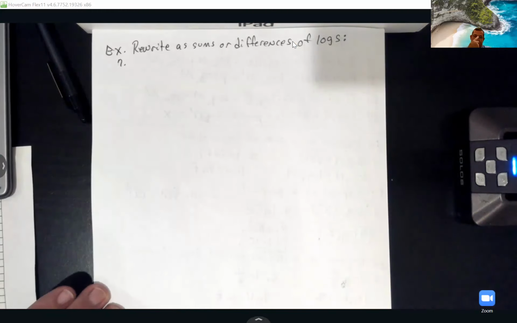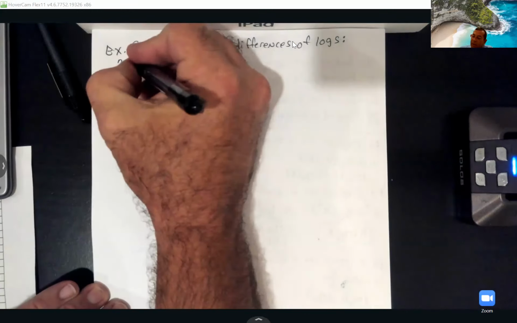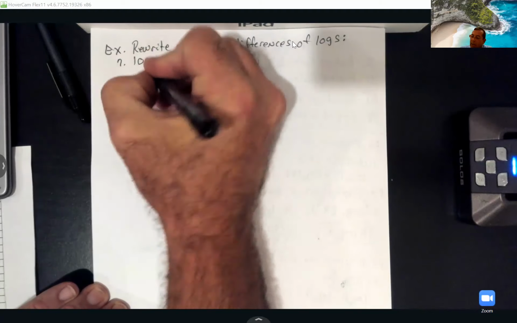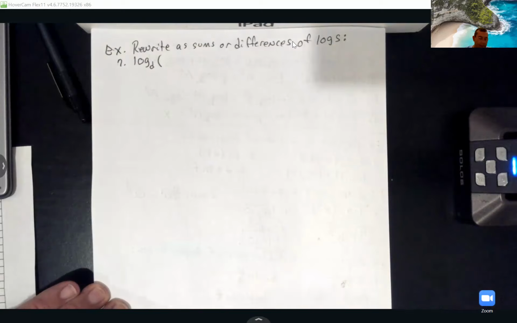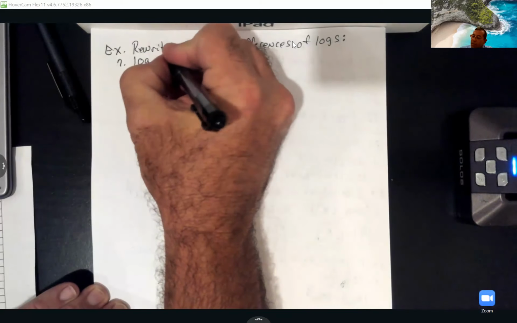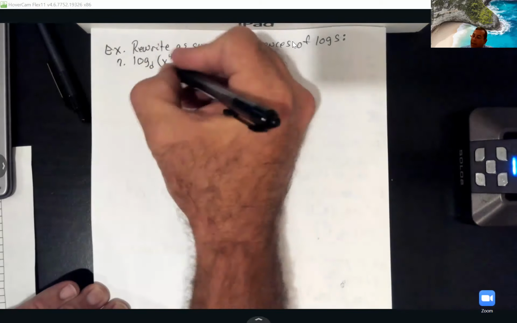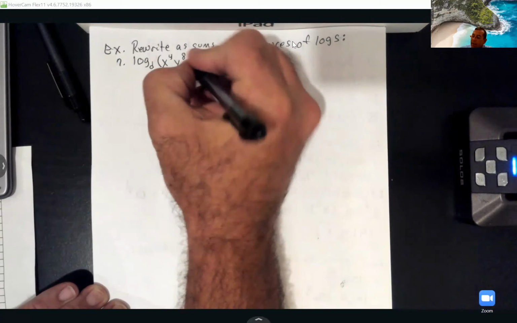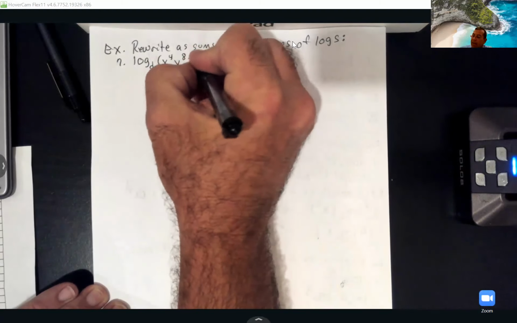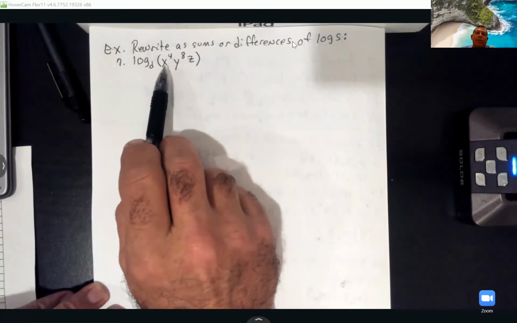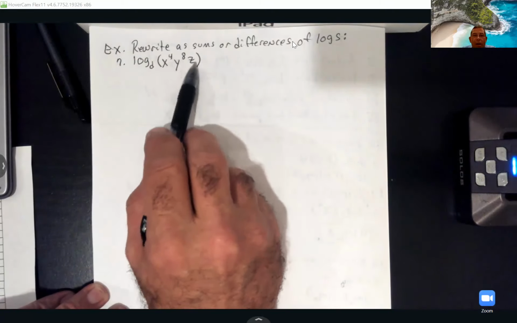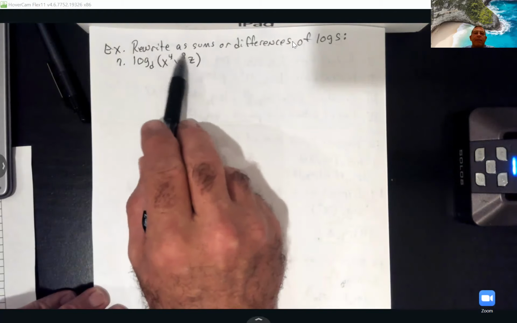Number 7 gives me log base D of x to the 4th, y to the 8th, and z. Y'all notice this is a product in these parentheses.